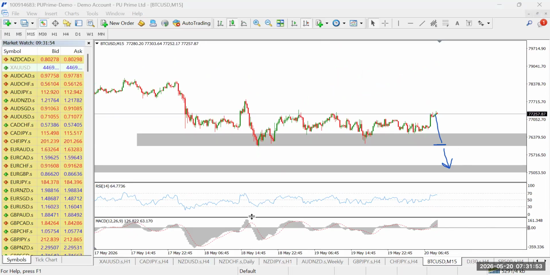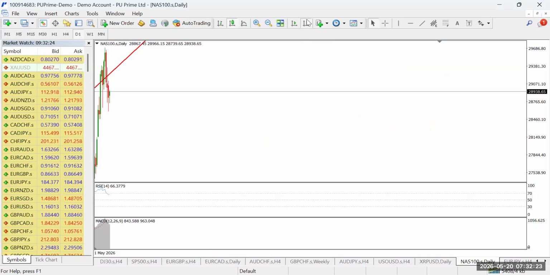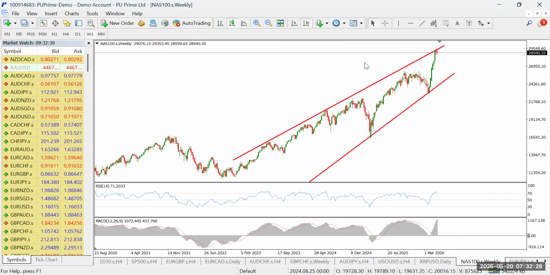NAS 100. All right. So NAS 100 has been in an uptrend for quite some time.